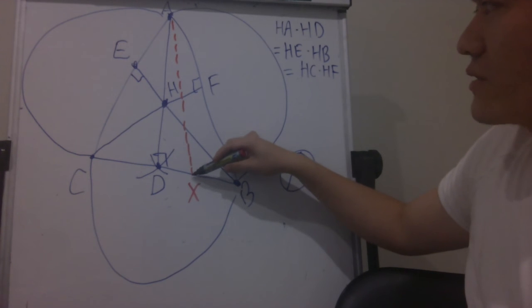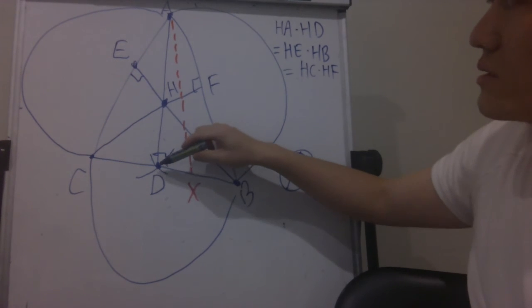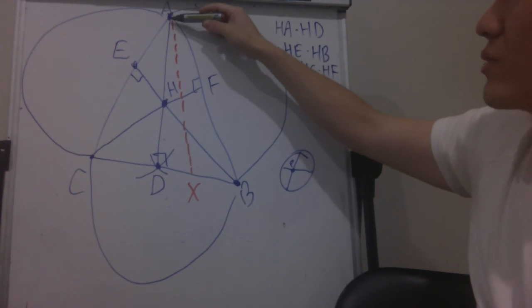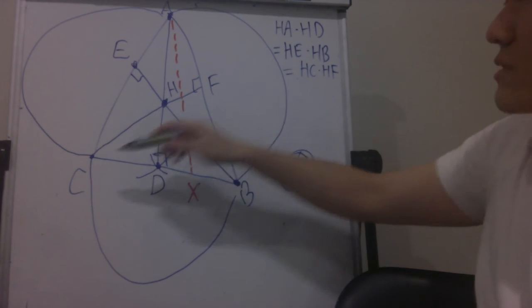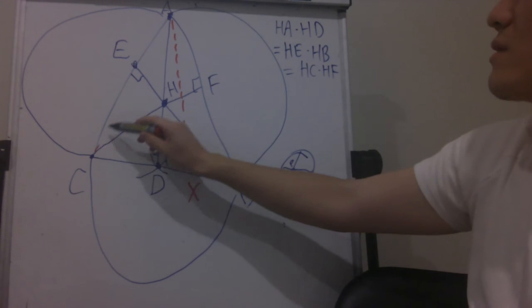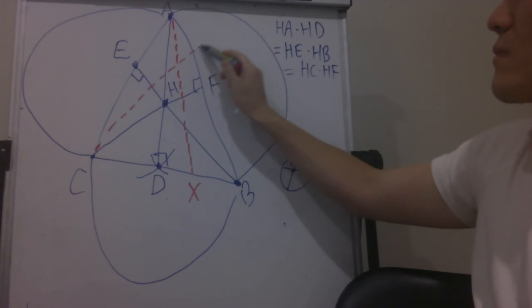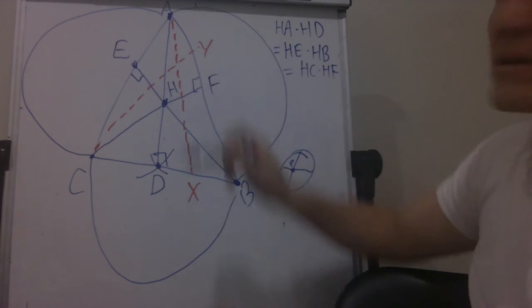If you took any of this as the diameter, then it would also pass through D and A, right? So if you replace this side by AX, and you replace this side by CY or something, right? Does that make sense? And you replace this one by BZ, yeah?